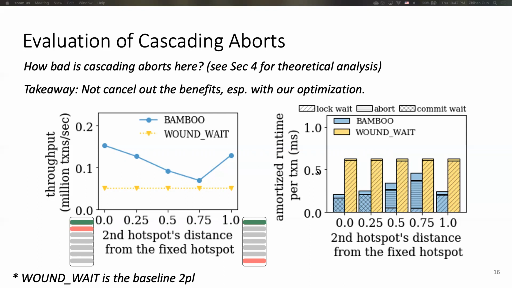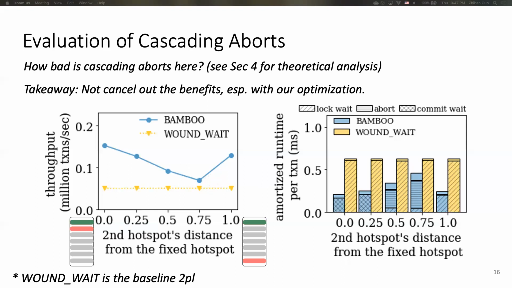And from the experiments, we can see that even when a lot of time is spent on aborts, it's actually less likely to cancel out all the benefits from reduced waiting in Bamboo. And so it still has improvements against the baseline Wait-die. And notice that when the distance is increased to 1, the throughput improvement jumps back.